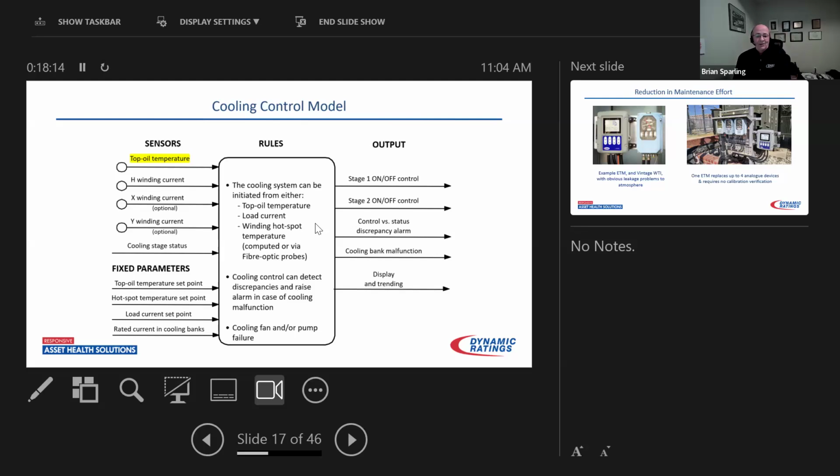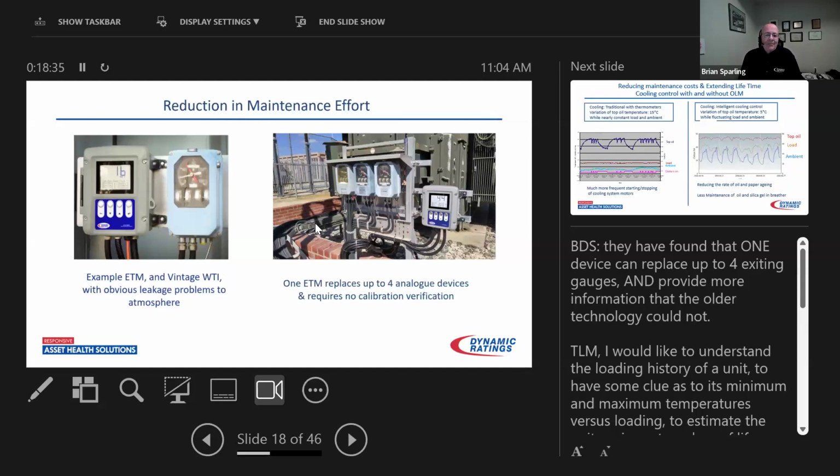It calculates the winding hotspot temperature. It calculates the aging rate of the transformer and can control the on and off of the cooling system. It will also detect when the cooling fans and/or pumps stop. So the output is control of the cooling system on and off, cooling bank information, and display and trending.